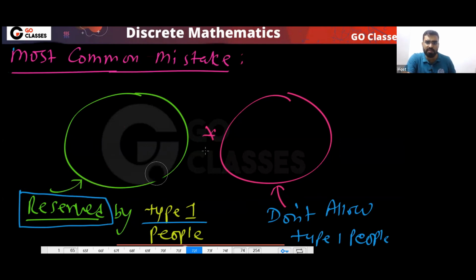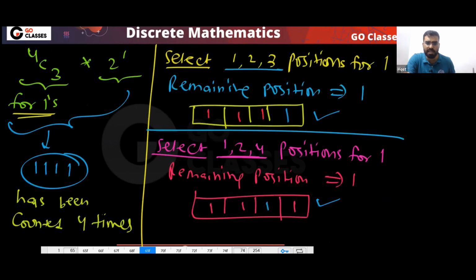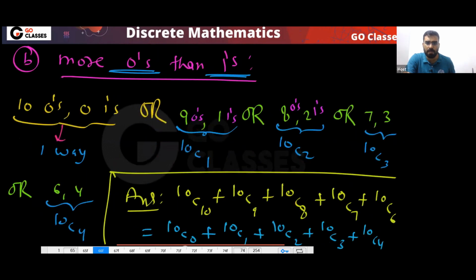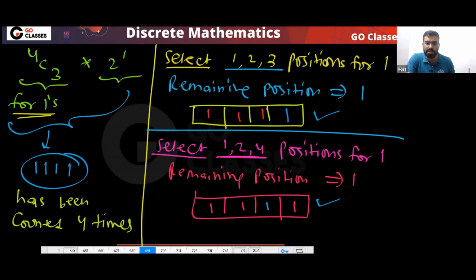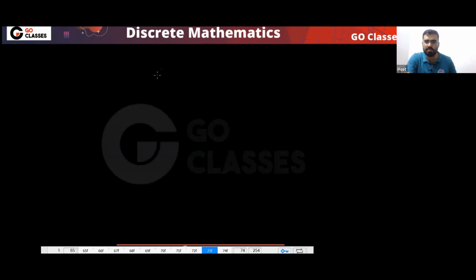You are reserving these for type 1 people and you are allowing type 1 people here. So this is the idea. I hope this idea is clear to everyone. Did you understand this mistake?